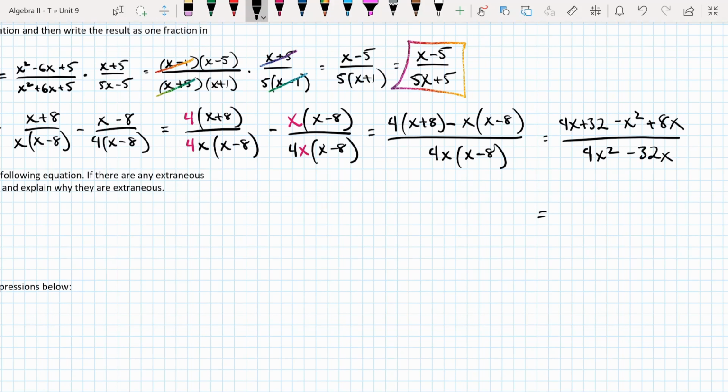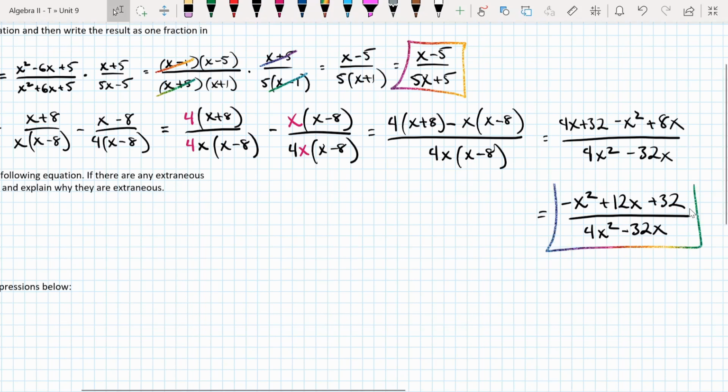And then to get our final answer, let's just combine like terms in the numerator: negative x squared plus 12x plus 32 over our denominator. Okay, and here's our final answer for number 1, letter B.